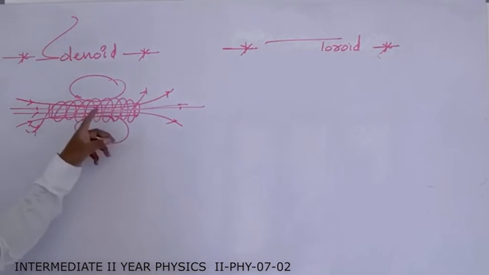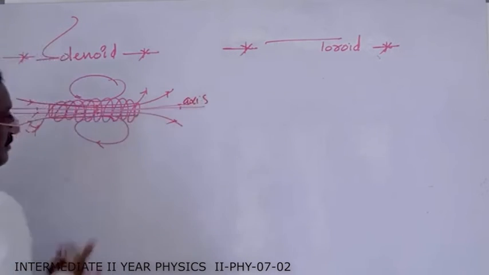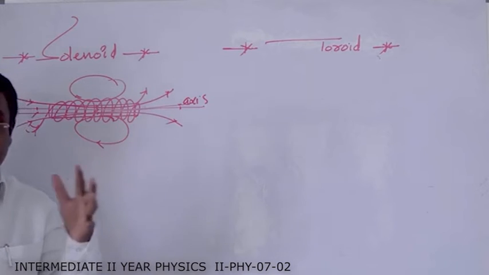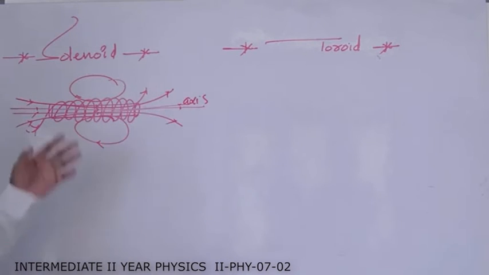Now what you see here inside the solenoid is that the field lines are all parallel. The direction of the field lines is parallel to the axis of the solenoid. In the middle of the solenoid, the field lines are very close. All field lines are crowded, and moreover, they are equally spaced parallel lines.